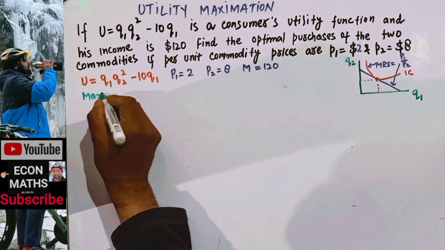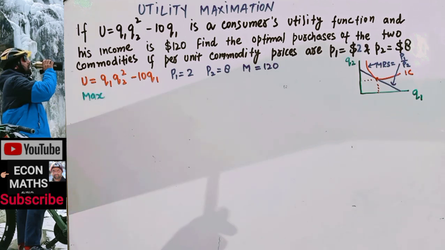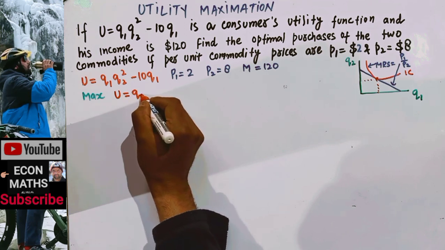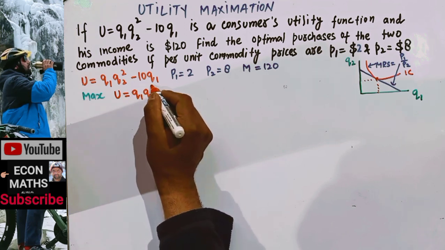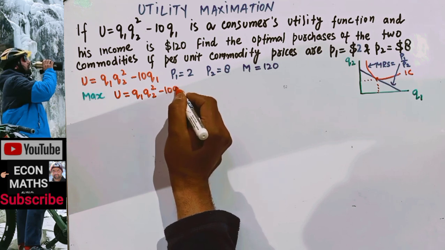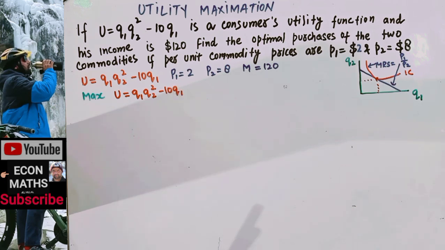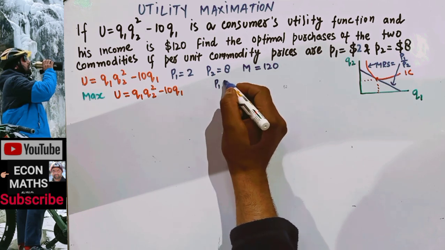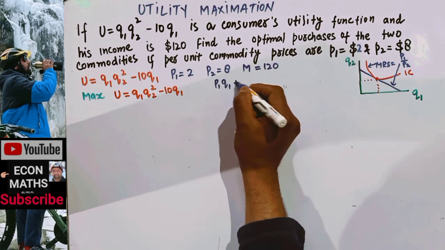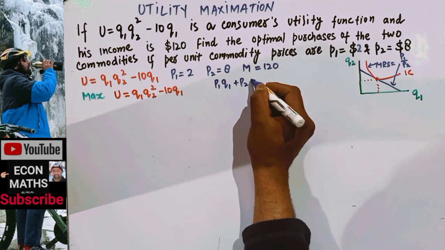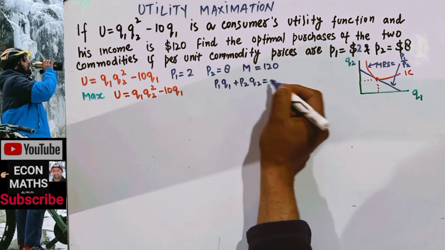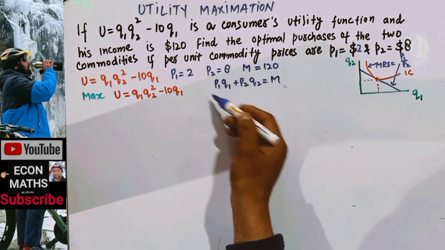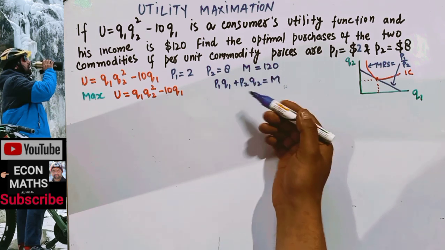And algebraically, what we are supposed to find out is simple: we want to maximize our utility U is equal to Q1 Q2 square minus 10 Q1 subject to the budget constraint. And what is the budget constraint? Simply P1, price of good one, times units of good one, plus price of good two times units of good two, that is Q2, should be exhausted. That means the expenditure should be spent out.